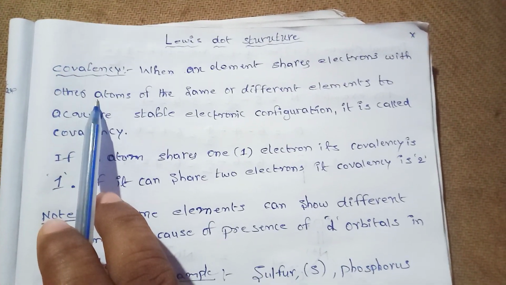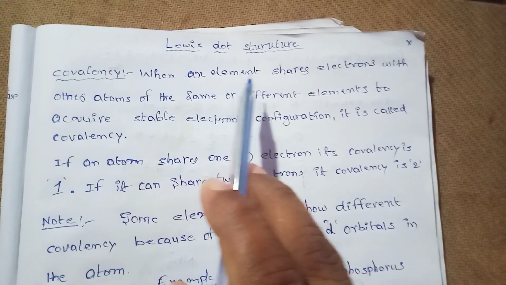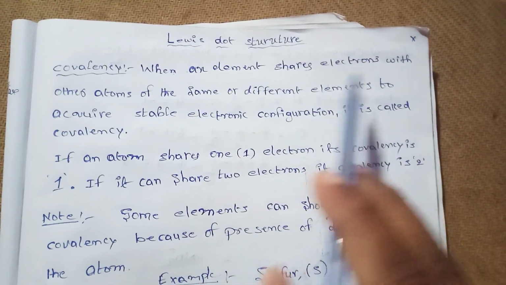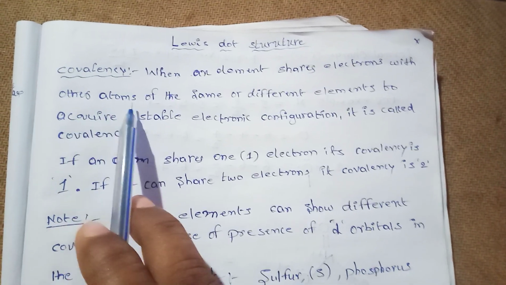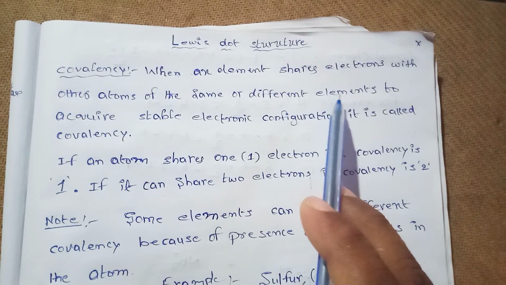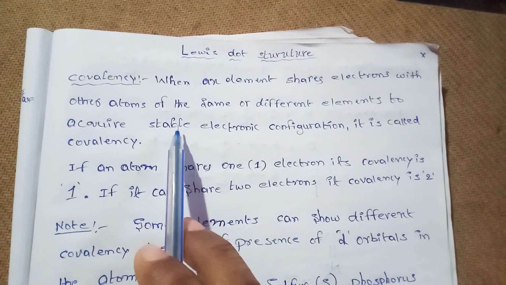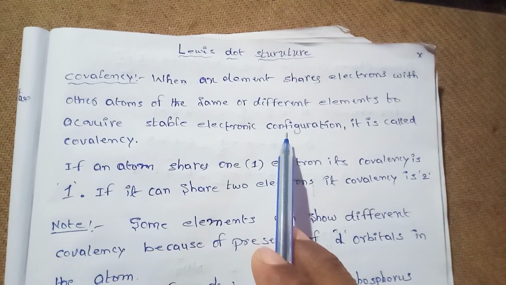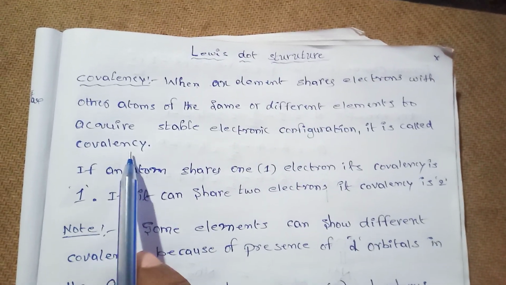What does covalency mean? When an element shares electrons with other atoms of the same or different elements to acquire a stable electronic configuration, it is called covalency.